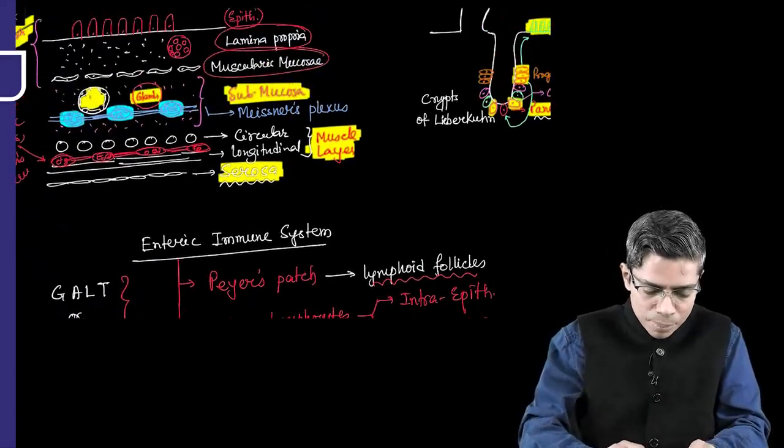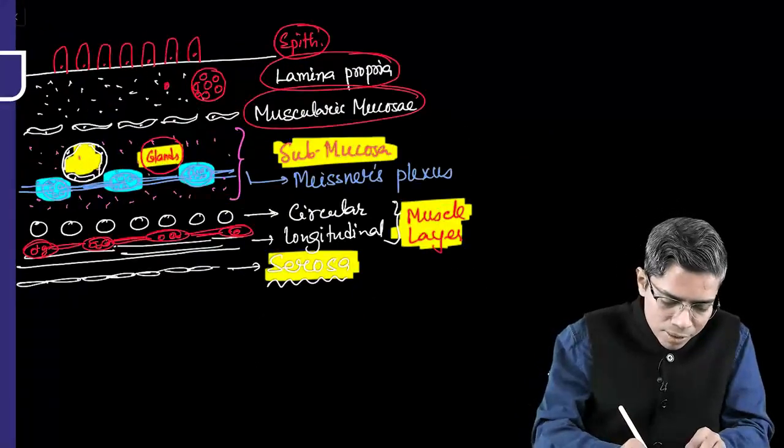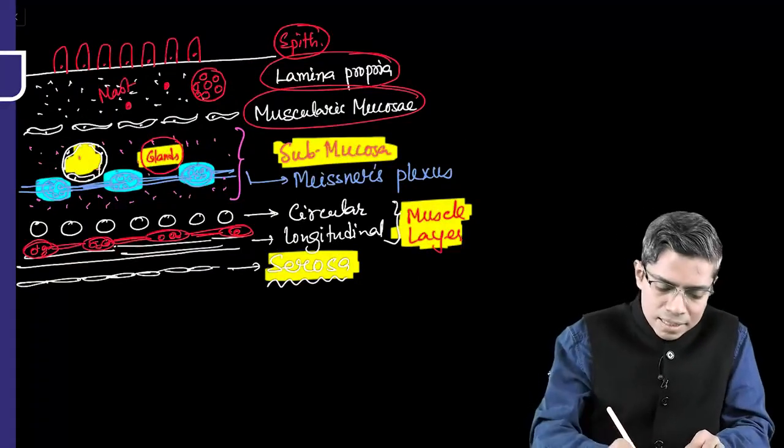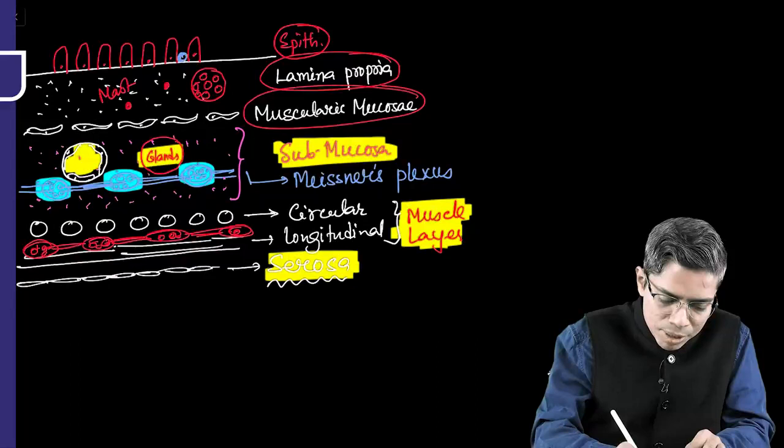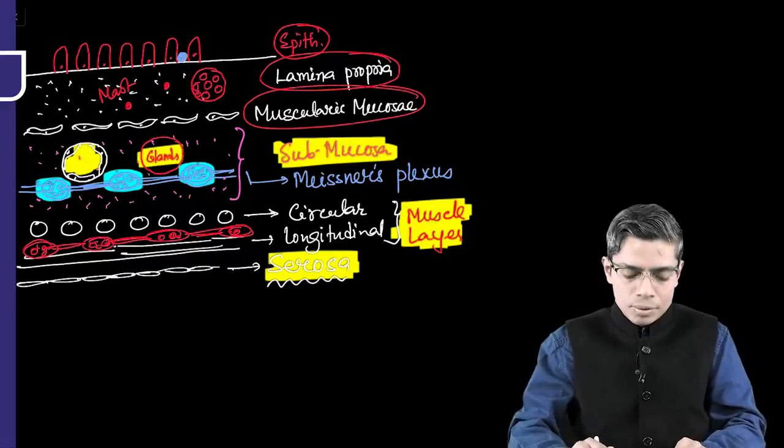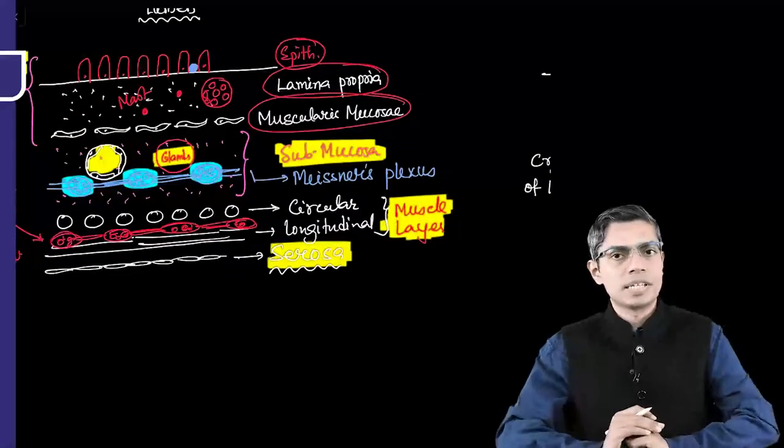So within the lamina propria, some lymphocytes and some mast cells will be present, and some lymphocytes will be present in between the epithelial cells also. They are known as the intraepithelial lymphocytes.